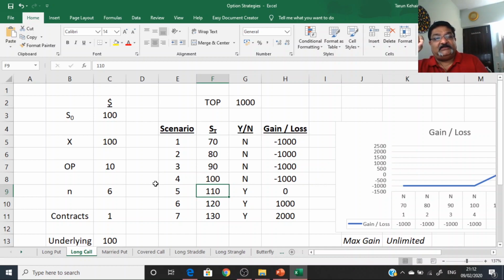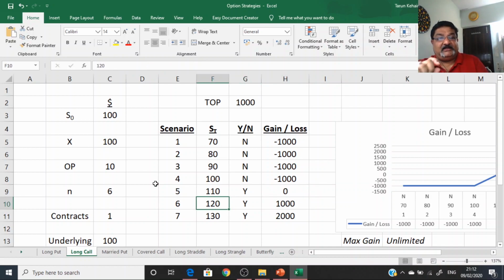So you are smart, you will exercise the call option and buy the security at $100, and therefore you have a gain of $10 per share into 100 shares, which is $1,000 minus your option premium of $1,000, which gives you zero gain or loss.